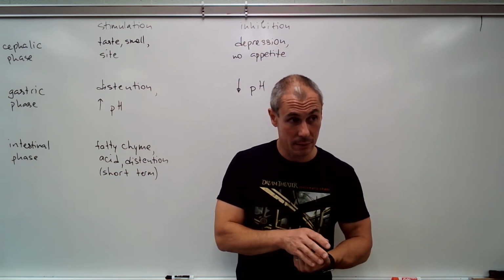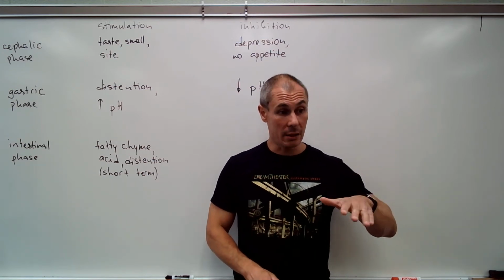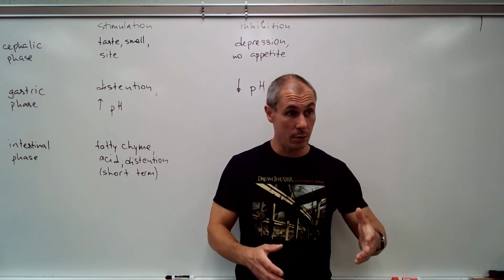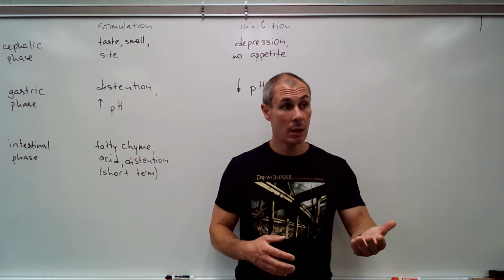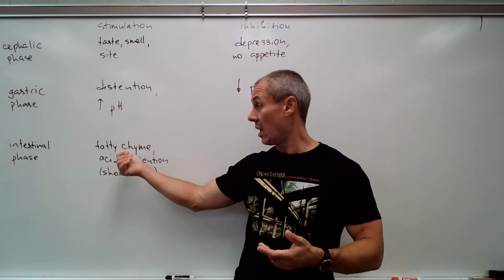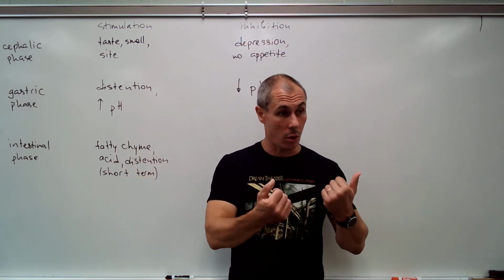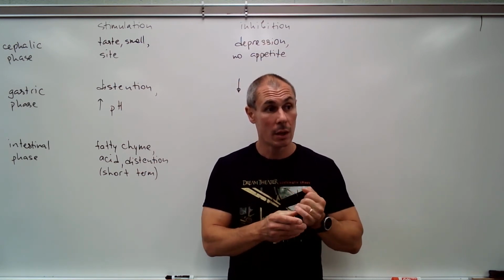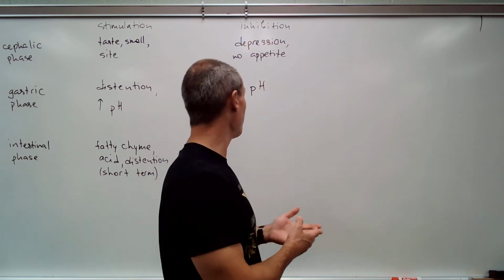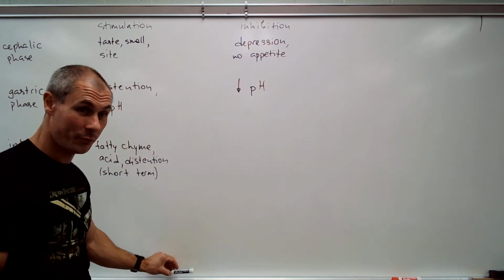So more chyme can get into the intestine. Does that make sense? So the analogy that I usually use, if I'm the intestine and you're the stomach, when you start giving me chyme, I tell you, give me more, give me more. But eventually I become a little bit overloaded.